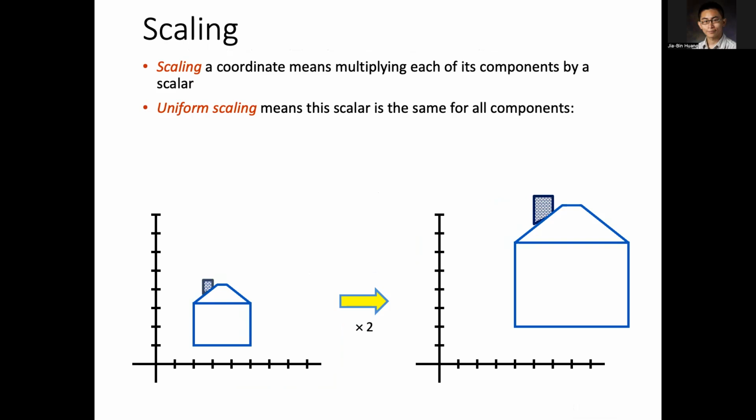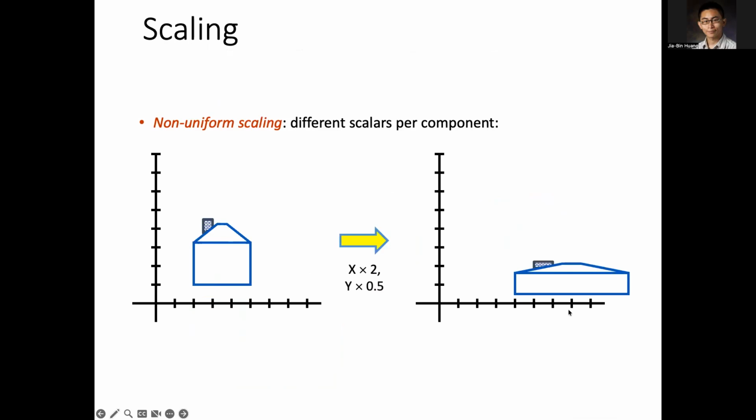First of all, scaling is very simple. You have an image of a house, and you can scale it up by 2 times. You can also do non-uniform scaling, stretching just one axis.